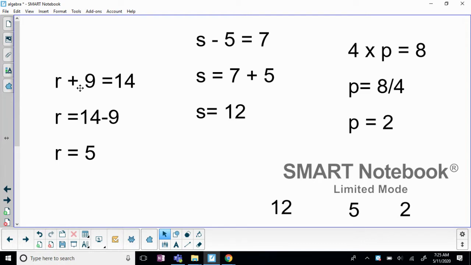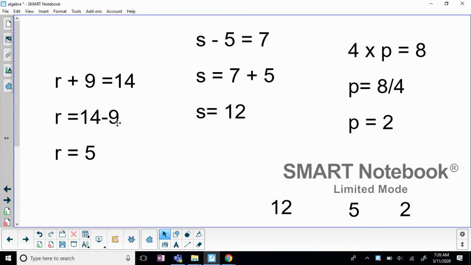So all that means is if we have plus 9 here, we're going to make it minus 9 here so that we can balance it and get the numbers on the number side and the variables on the variable side. So the second step, r equals 14 minus 9. R equals 5. The second step, again, is to balance the equation.